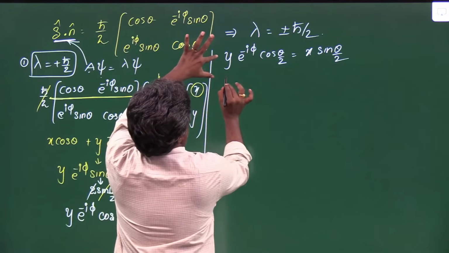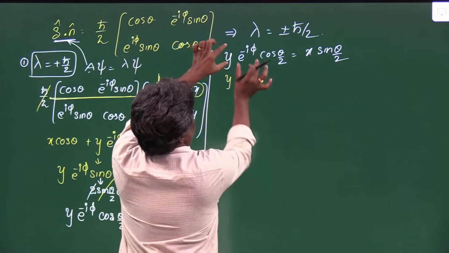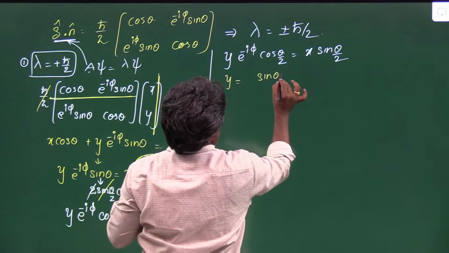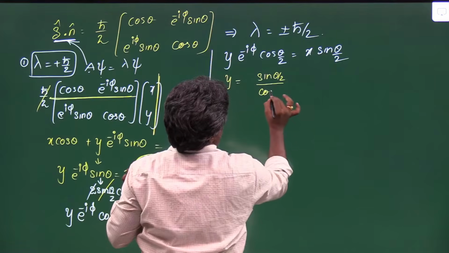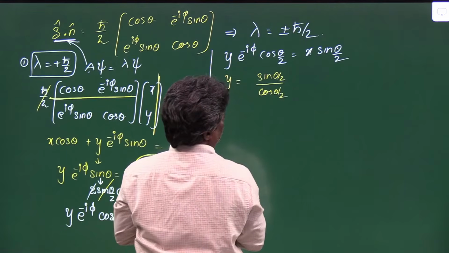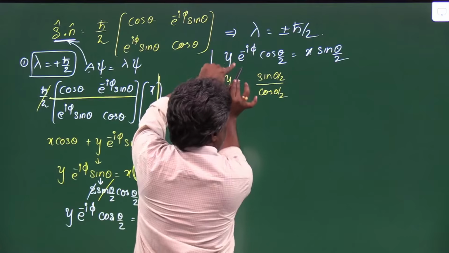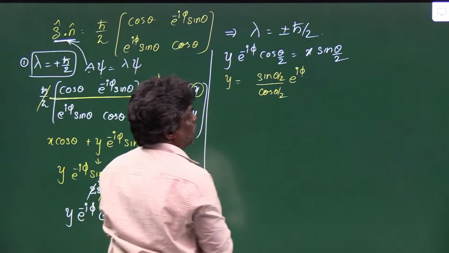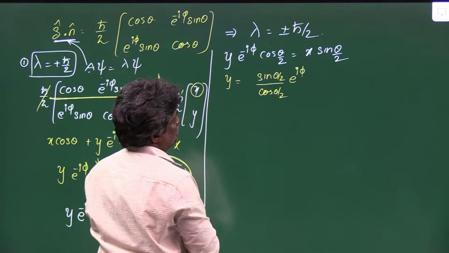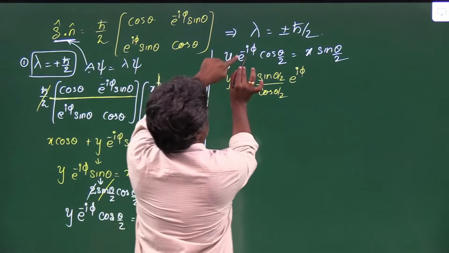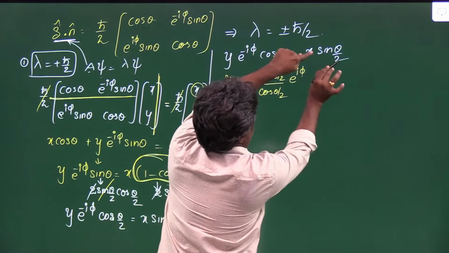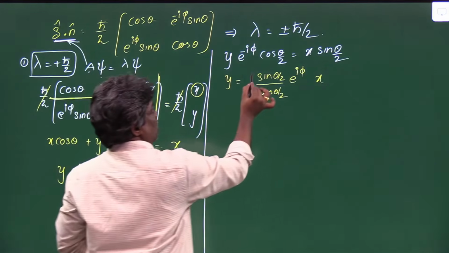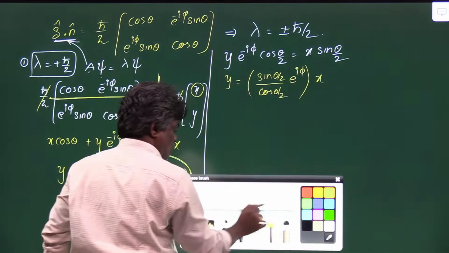So I told you, always find y. Then bring these two terms to that side: sin theta by 2 by cos theta by 2. You bring this e raised to minus i phi to that side, into x. Now we are going to write the matrix.